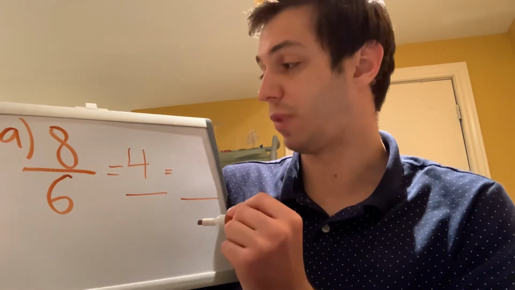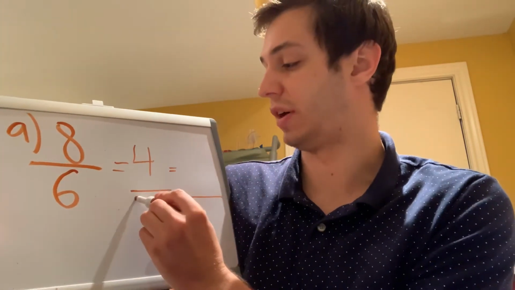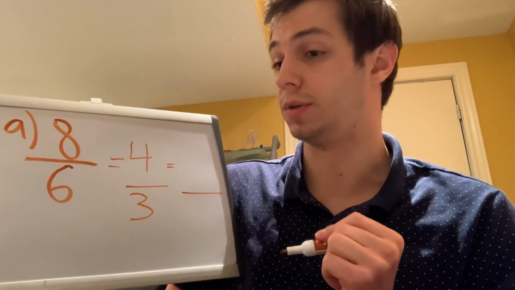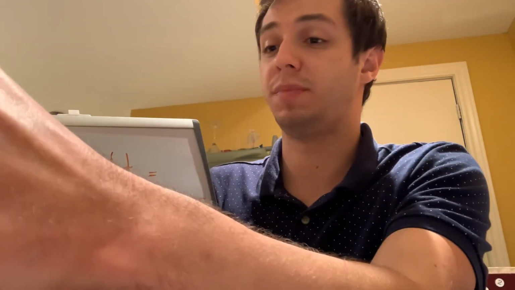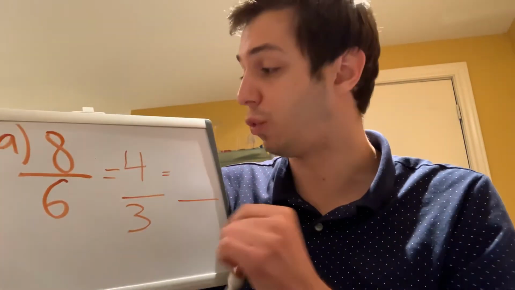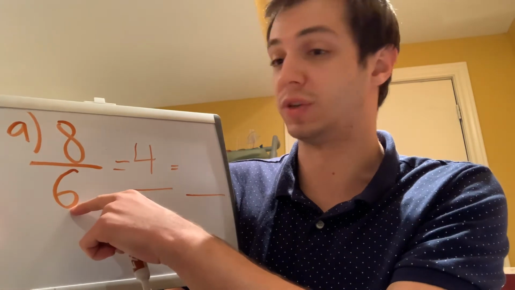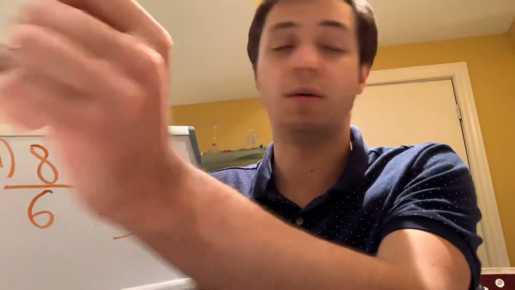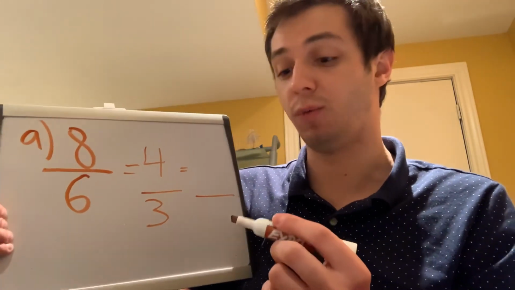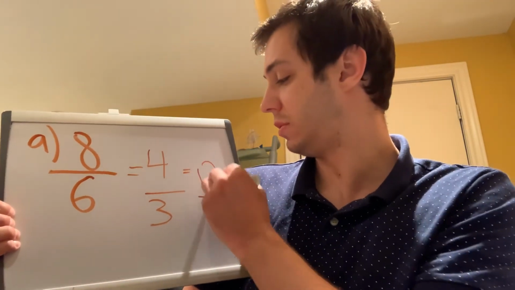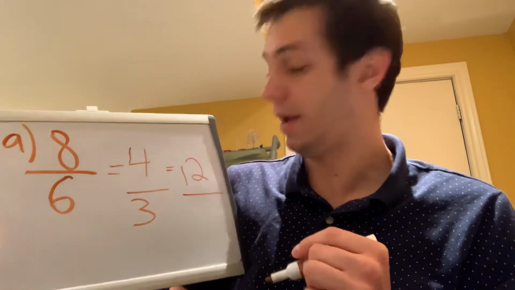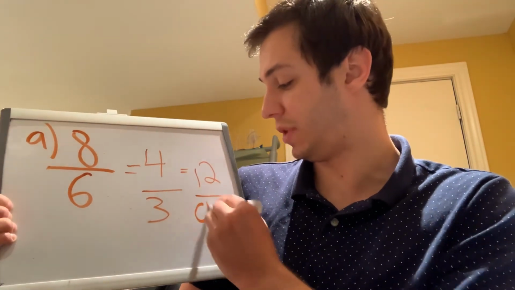And then there are 3 parts in 1 unit, so my fraction will be 4 over 3, or 4/3. And then in the last image, in part A, we said that that is also equivalent or equal to the first image. So if we count, there are 12 parts that are shaded. Remember, that will be your top number. And then we need to count how many parts are in 1 unit. And there are 9. So 9 will be the bottom number.